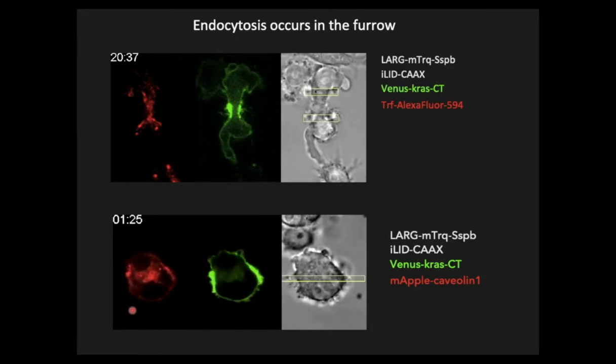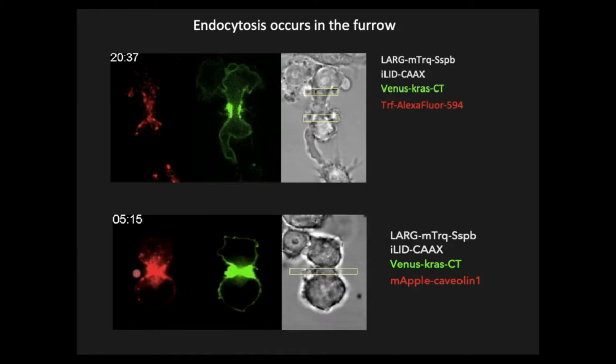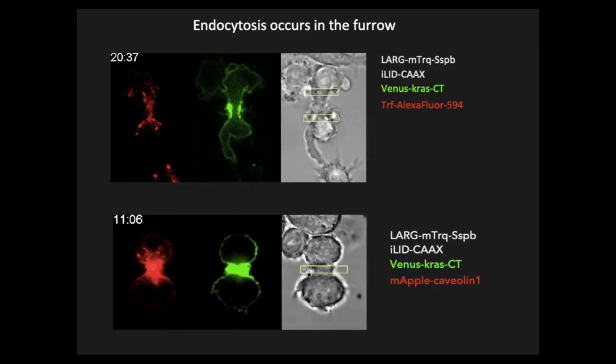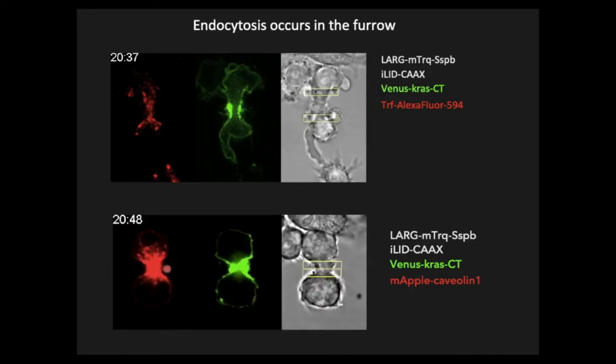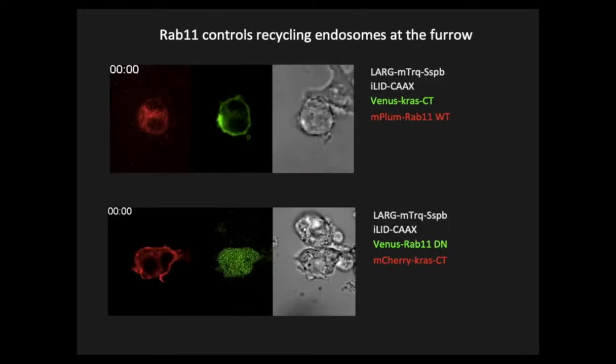As you will see, caveolin localized in the furrow region, and if we keep photoactivating, it seems that it is inside the intercellular bridge. That means that endocytosis is taking place in this region and in this process.